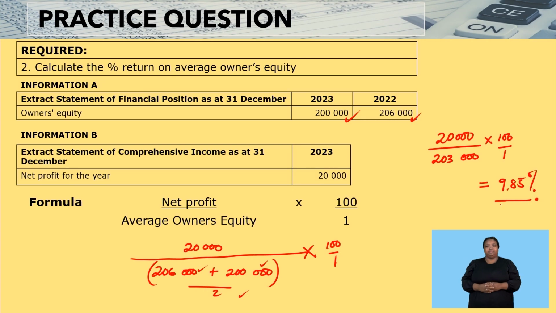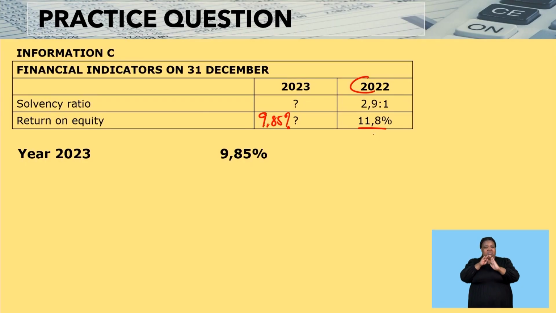Remember, after you have calculated, the next thing you need to do is to compare, and then you comment. So when we are comparing, we are now saying the return on equity is 9.85%. We're comparing it with 2022, where it was 11.8%. What do you see there? You can see that it has decreased. So let's comment.